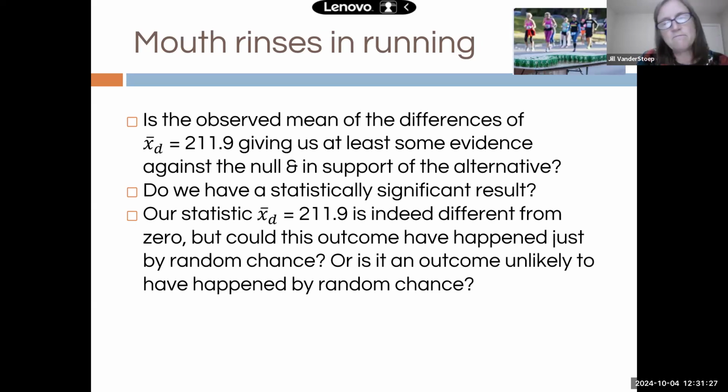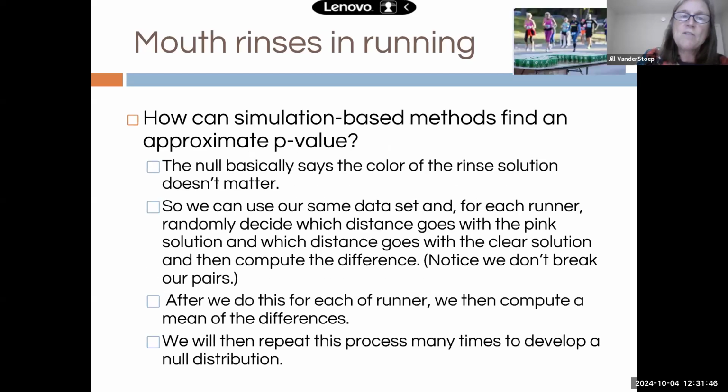Maybe, I don't know, they got up earlier and had better coffee or something, right? So is there some random explanation as to why this is happening? Could it have happened just by random assignment, that randomly the pink solution was assigned on a better day for these runners? So that's what we have to figure out.